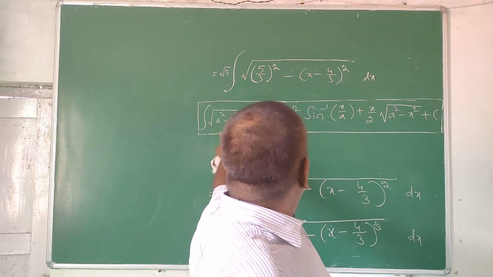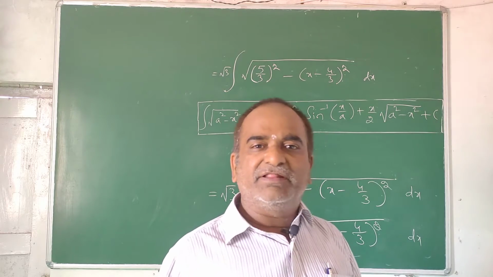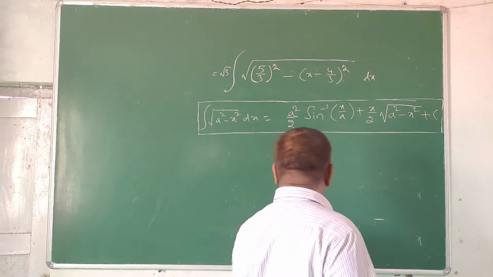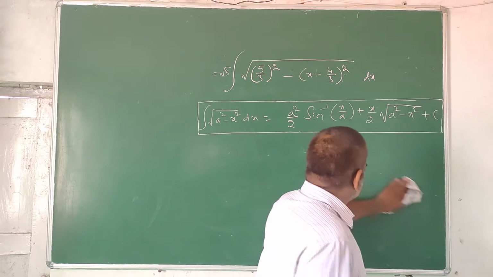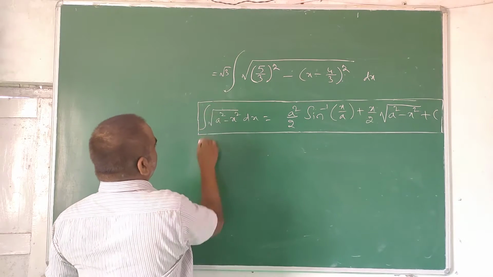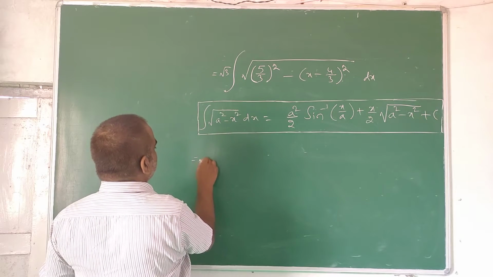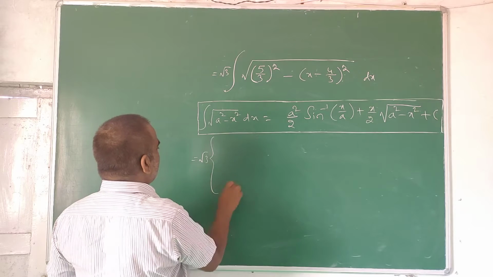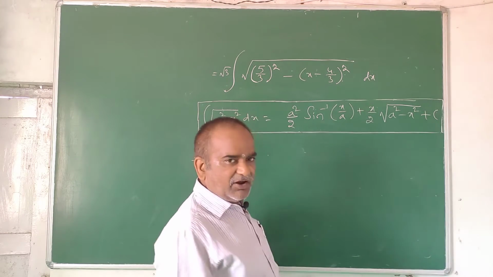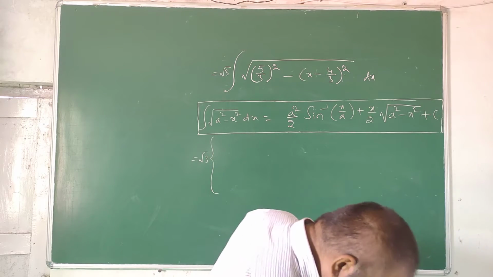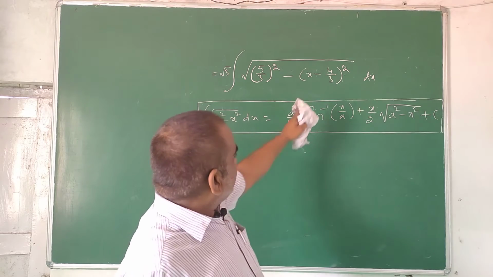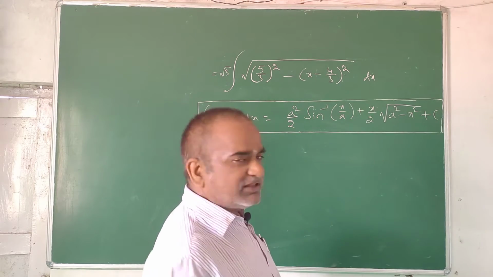This is the formula which we derived in the previous class. So that root 3 remains as it is outside. Now begin the bracket. If you compare this and this, 5 by 3 is playing the role of a, and x minus 4 by 3 is playing the role of x.